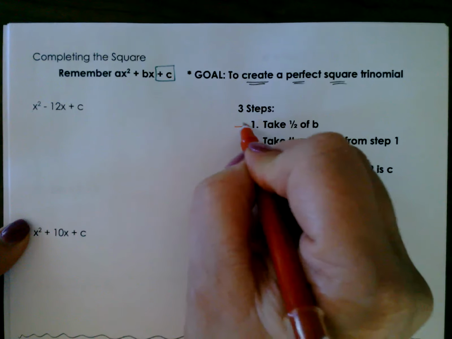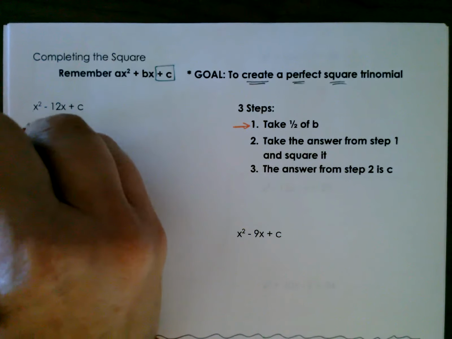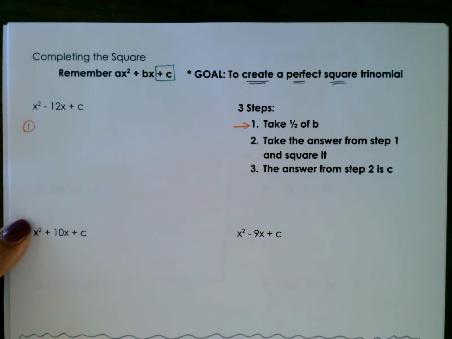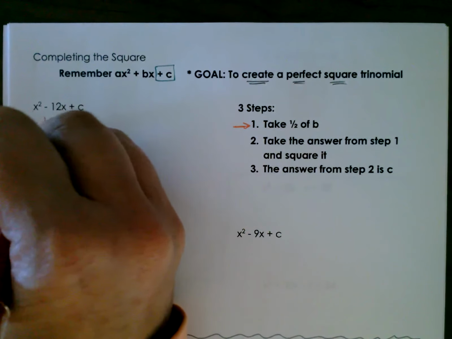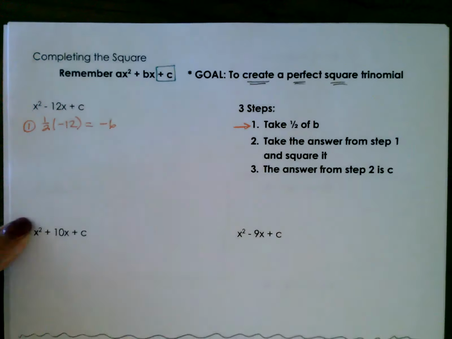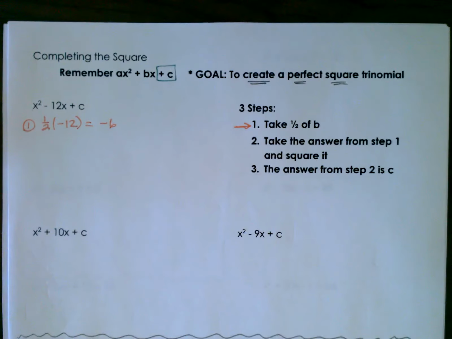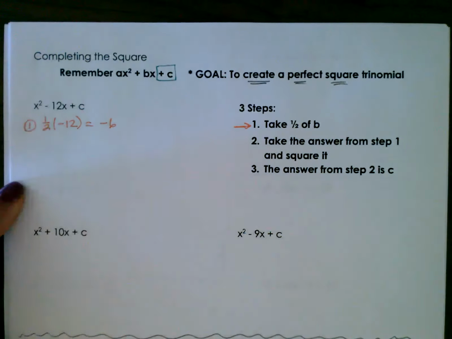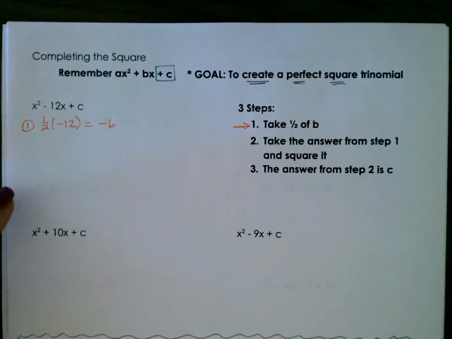Step 1, take half of B. So when I look at this first example, half of B is -6. You can, but you do not have to take the sign in front of B, but you definitely may.